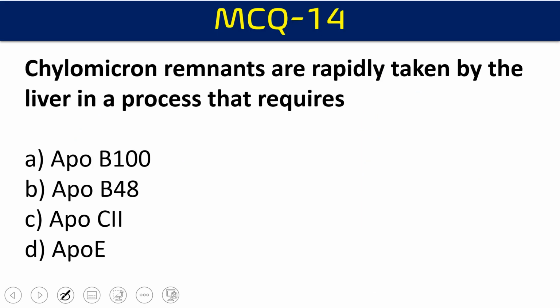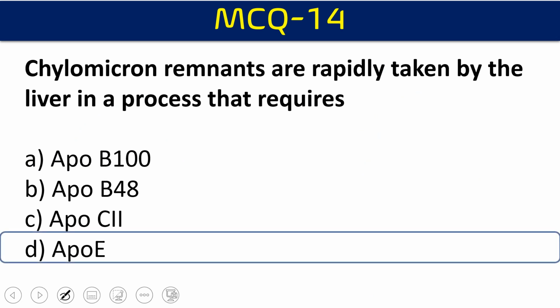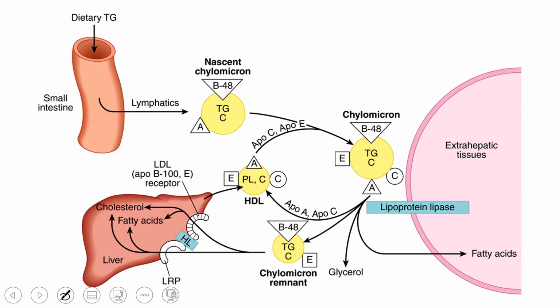Next question. Chylomicron remnants are rapidly taken up by the liver in a process which requires? First, you need to understand what a chylomicron remnant is, and then you can answer this question. The correct answer here is apoprotein E. Normally, in the chylomicron metabolic process, a nascent chylomicron is first formed in the intestine. It comes into the circulation.